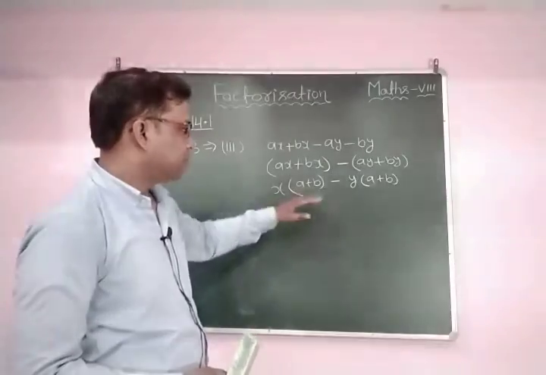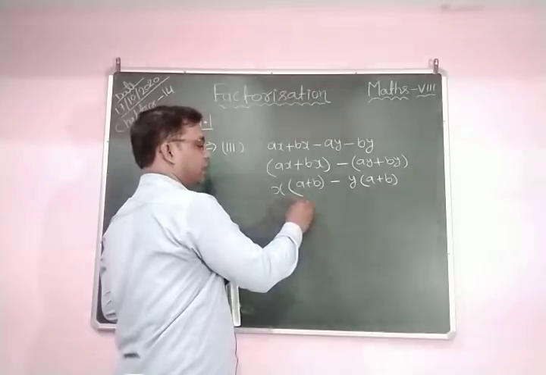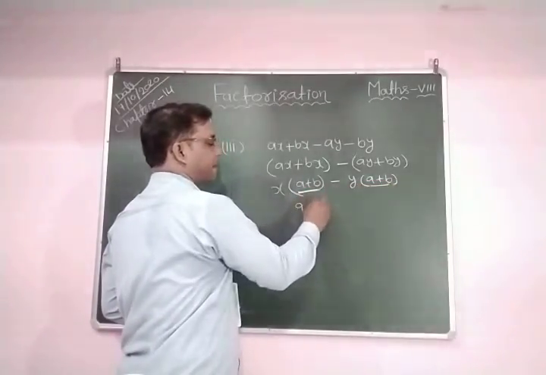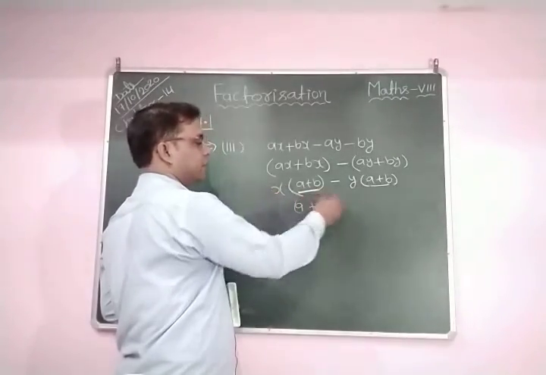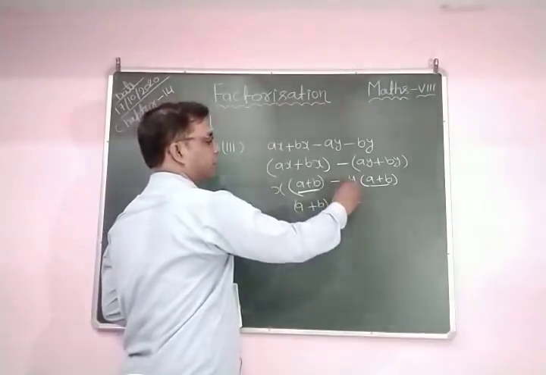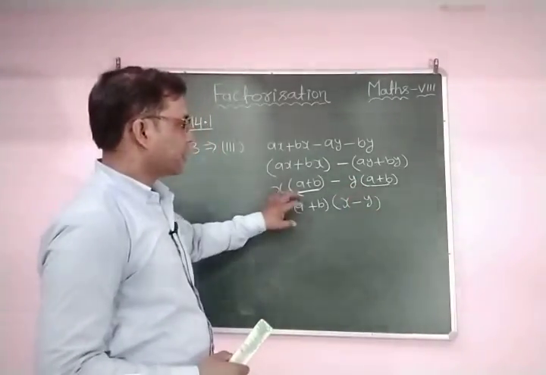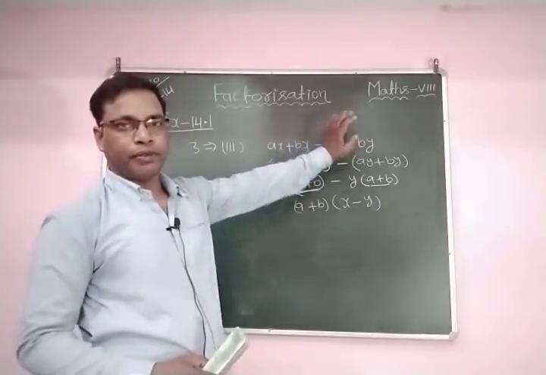And when you take common a plus b, what is the remaining part? The remainder is x minus y. Okay? So you can say these are the factors of ax plus bx minus ay minus by.